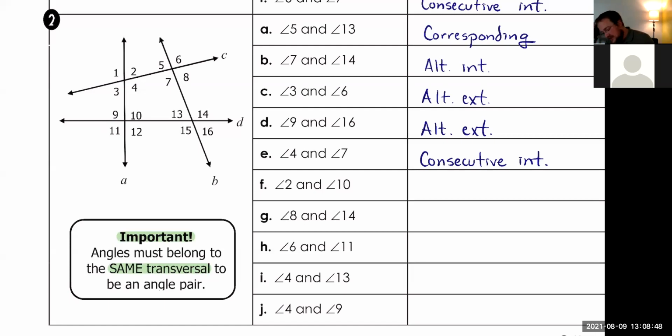So that must leave then corresponding. Well, 8 and 14. Now we're to transversal B. Consecutive interior, same side of the transversal, both interior angles.